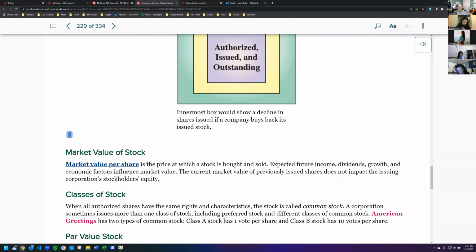Any other questions on common stock or stock in general? Maybe could you go over the difference when you issue both common and preferred at the same time?